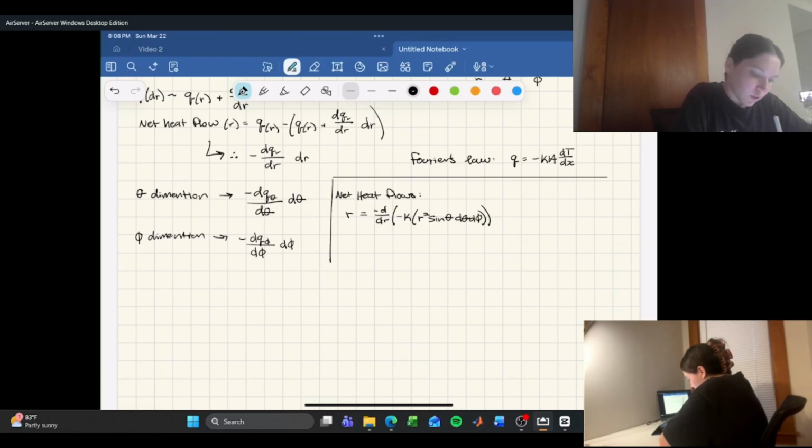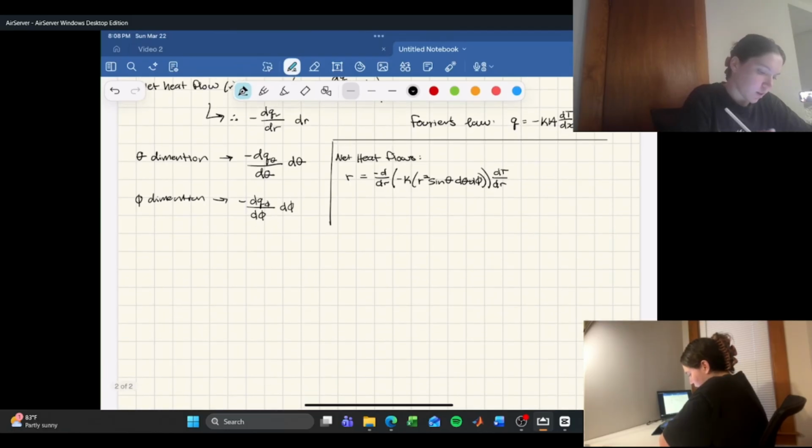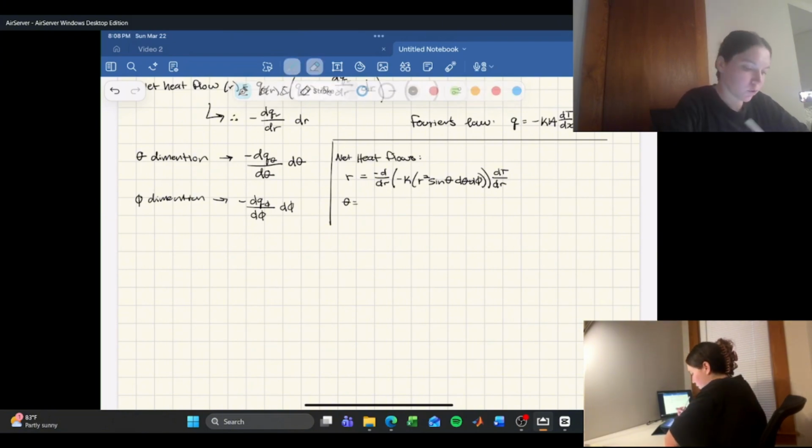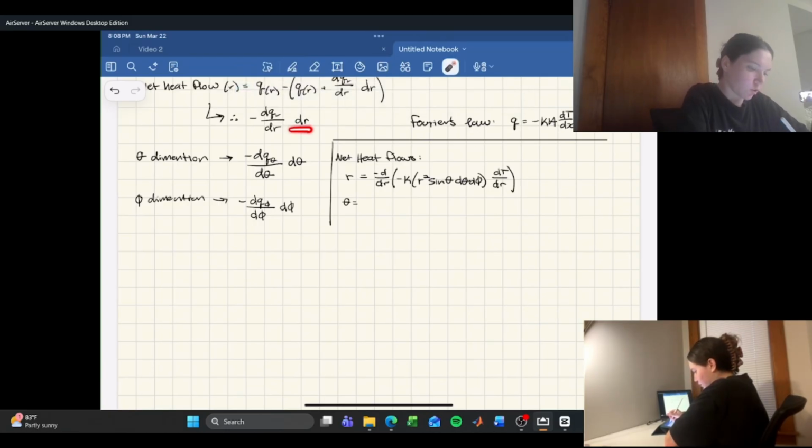And then we still need the change in temperature over the change in position. And then for theta, it's going to be a similar process. And before I do that, I forgot this dr over here.